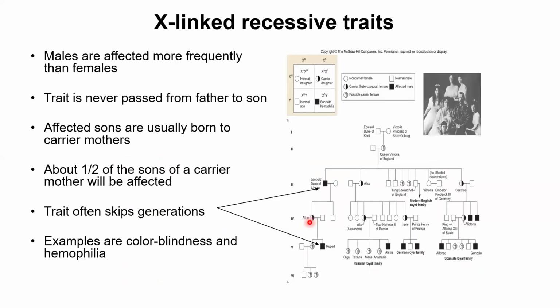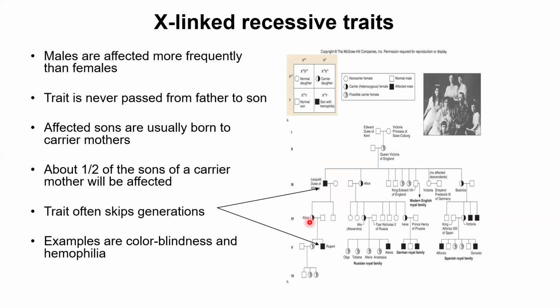Now we go into the X-linked recessive traits. These are more prominent in males than they are in females. The one thing about this is that the trait is never passed from father to son because fathers give their sons the Y chromosome, not the X chromosome.